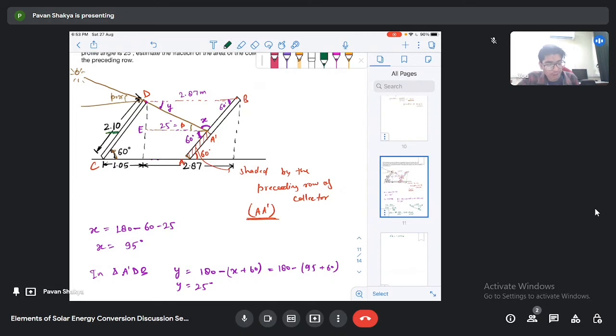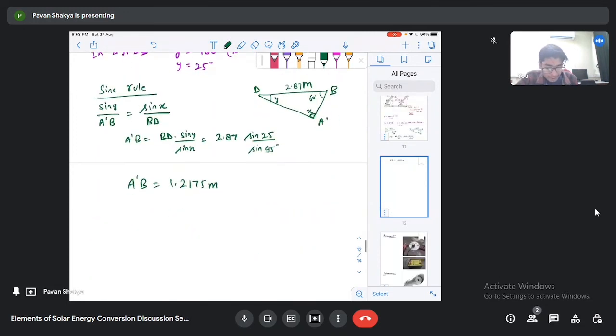You have this value A prime B. Now you can easily calculate this shaded part, that is A prime, that will be equal to the total length of the collector minus this A prime B. The total length of the collector is given as 2.10 meter and you have calculated A prime B as 1.2175.